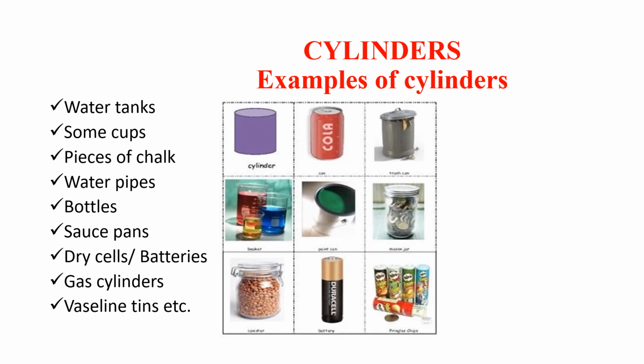As you can see, there are many of them. As long as you come across a shape with the same circular bases and a curved surface, just know that it is a cylinder.